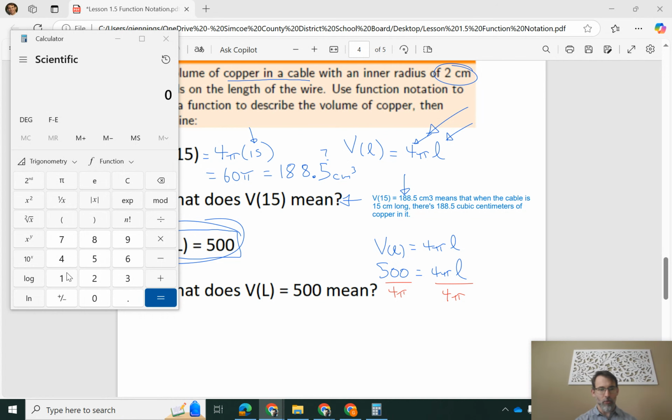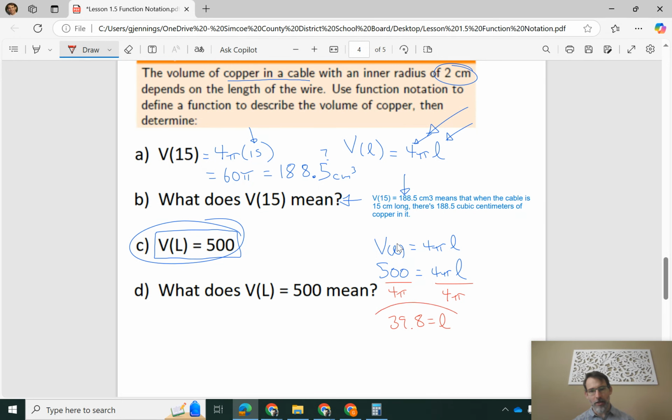Okay, so 500 divided by, put it in brackets, 4 times pi, and the bracket equal, oh, that's really close to 39. Yeah, it's closer to 40 than 39. I'm learning. Okay, so we need 39.8.